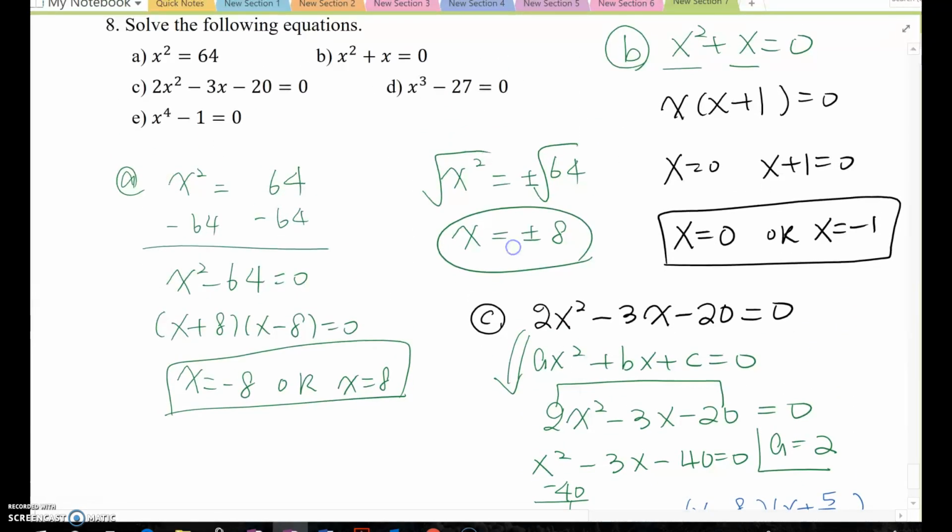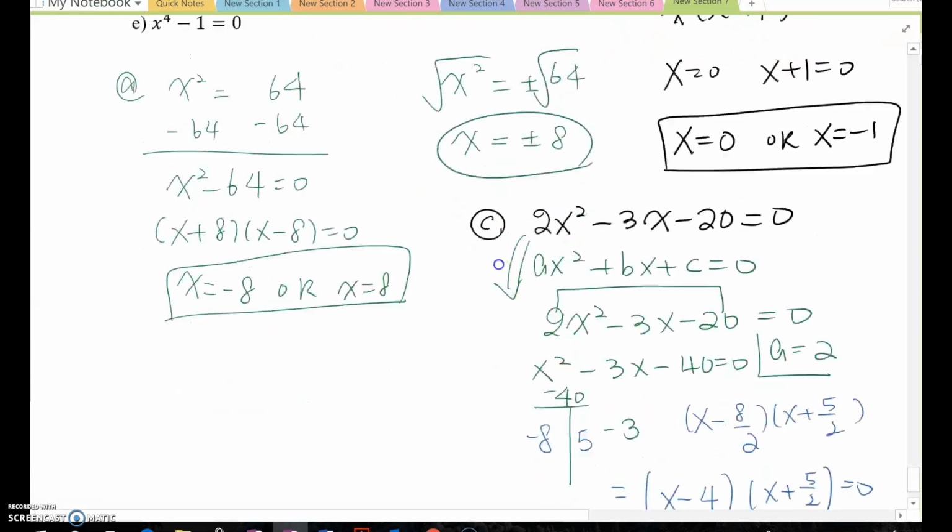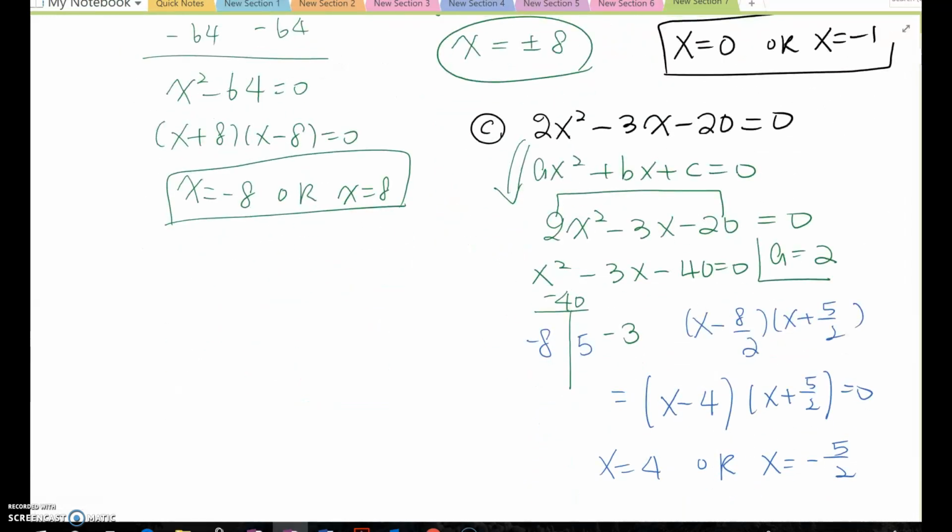Now D, x cubed minus 27 equal to 0. As you see, 27 means 3 cubed. So you can make x cubed minus 3 cubed equal to 0.